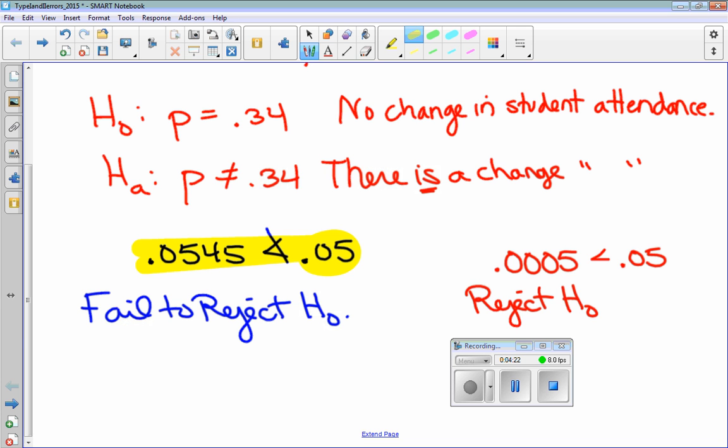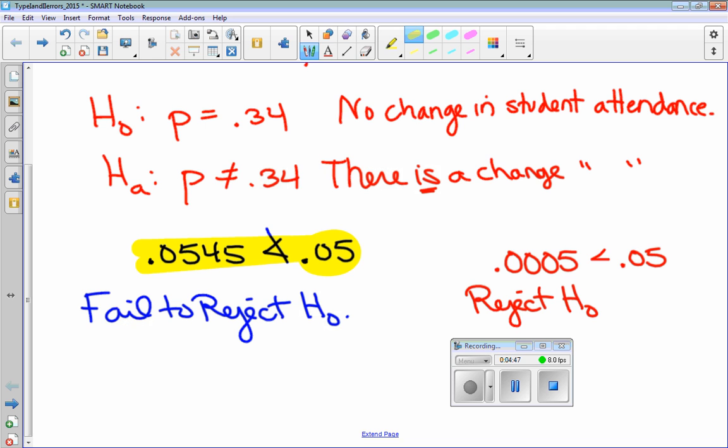There is sampling variability. When you take a sample, there are variations amongst samples, right? And you can get a strange sample every once in a while. So what's the likelihood that this sample was one of those odd, strange samples? That's what a p-value is finding.